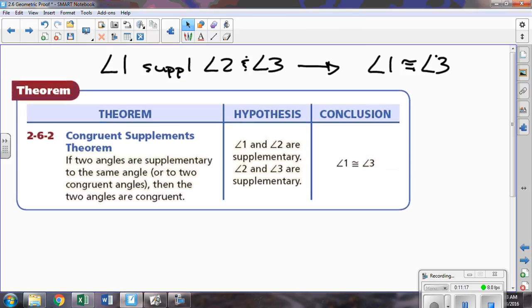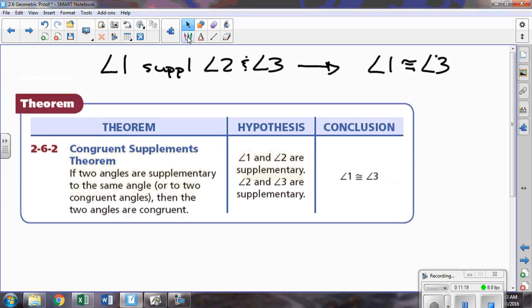Sometimes I've had students write up an abbreviation. I hope that you remember that I said earlier with this lesson, as long as you can effectively communicate what you're trying to say, you can write down whatever symbols you'd like. The piece in the black is how I think. I know that most students aren't going to have my level of comfort with symbolic logic, so I've had students put down things like an angle is supplementary to two angles.